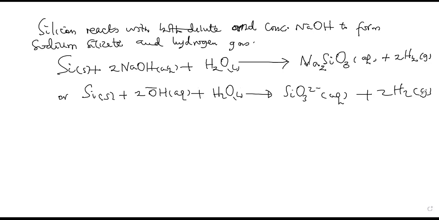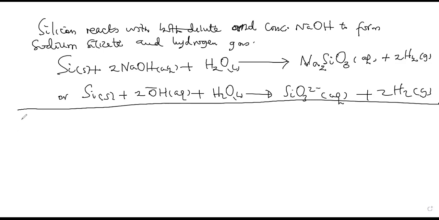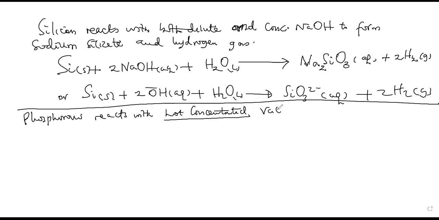Then, for the case of phosphorus, the main thing to remember is the equations. Phosphorus reacts with hot concentrated sodium hydroxide. Let me use the formula, but write all words to form.